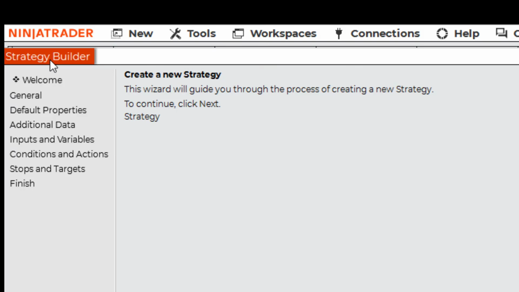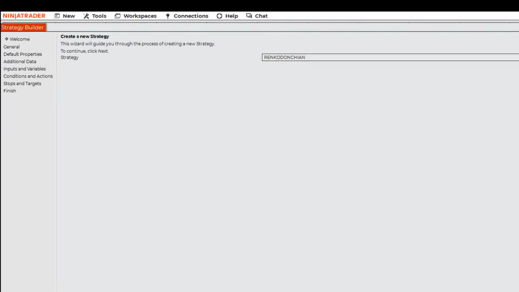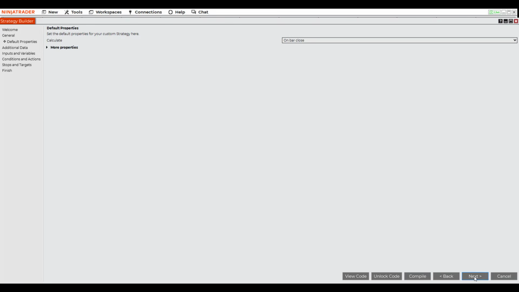And all you have to do, like I said, go to the new tab, go to strategy builder, and then create your own strategy. I called it Renko Donchian, and then work your way down those tabs to create your strategy. Really there wasn't too much to this one.